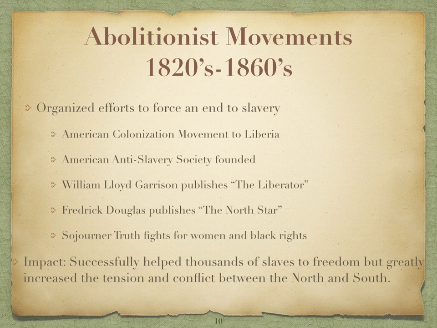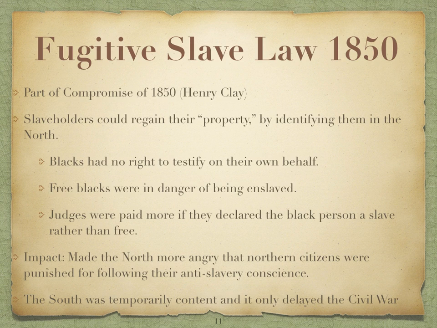The impact of that was the South becomes more and more offended by the attitude of the North helping their property run away. It's like if my horse ran away and you found my horse, your obligation is to bring my horse back to me. And that is exactly what this is about.